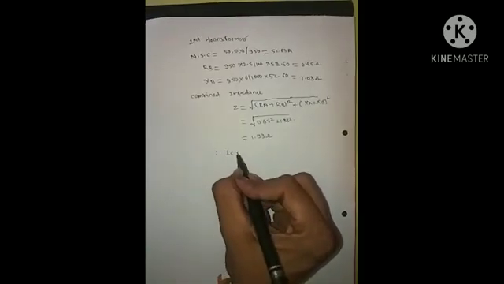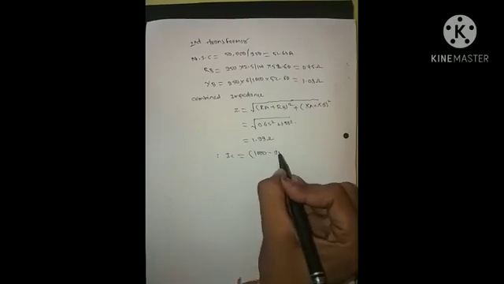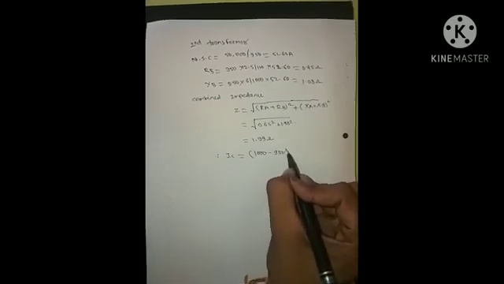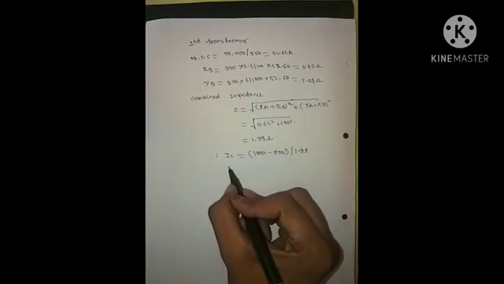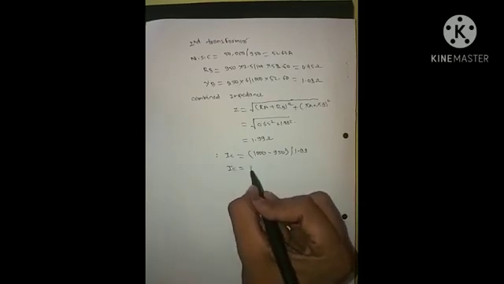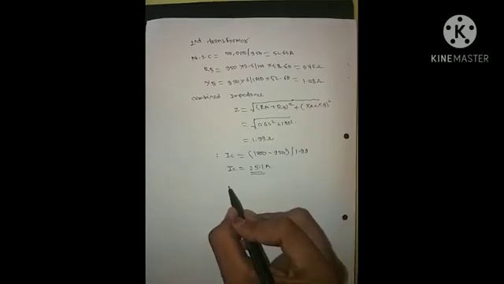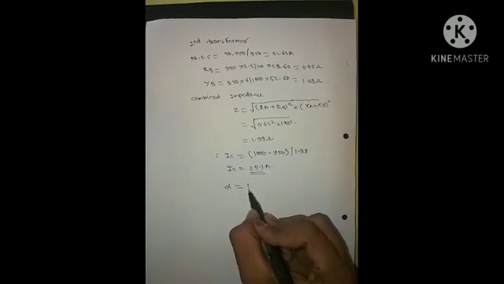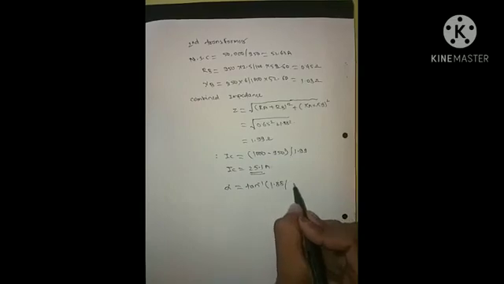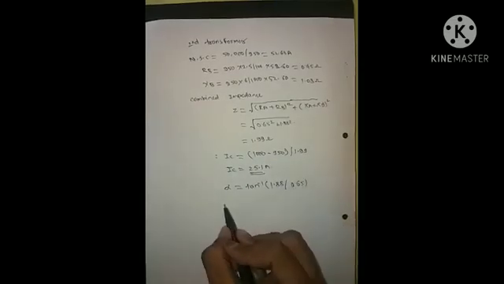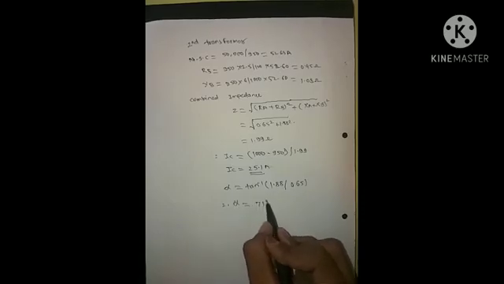Therefore IC equals (1000 minus 950) upon 1.99, and we find that IC is 21.1 ampere. Alpha equals tan inverse of 1.88 upon 0.65, and the final answer for alpha is 71 degrees.